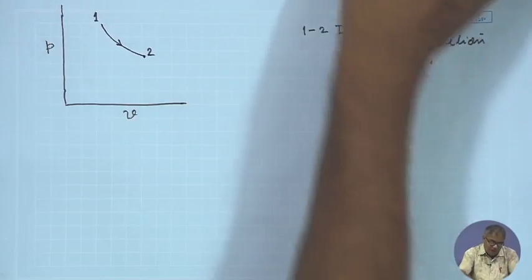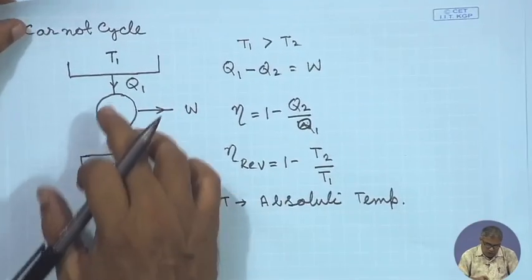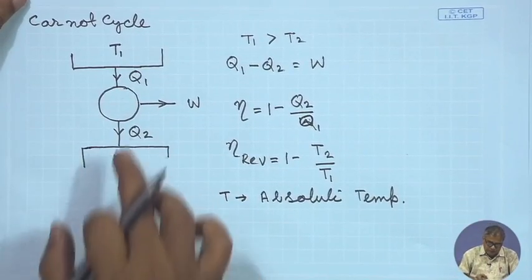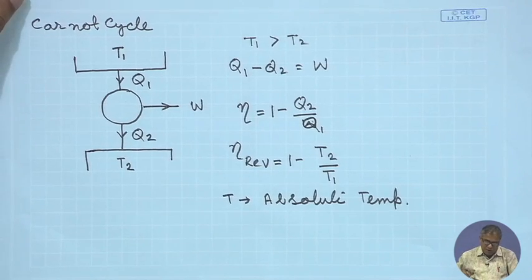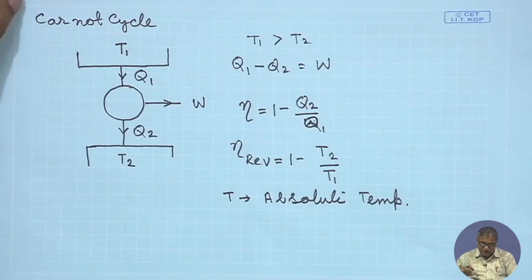Then once we have received the thermal energy, we can do certain amount of work. So, we will do certain amount of work, that is W amount of work I will do.